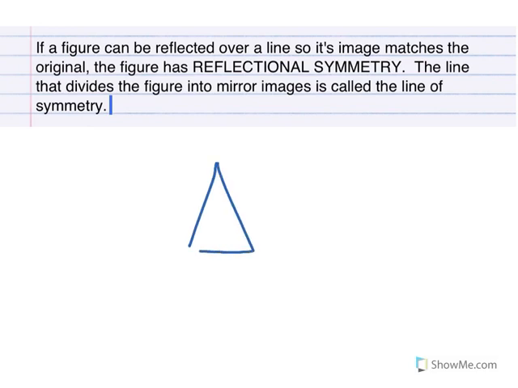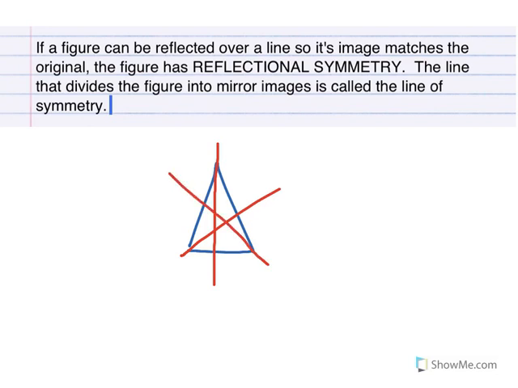Let's say we have a triangle. If this is an equilateral triangle and it's drawn correctly, better than mine, it would have 3 lines of symmetry, because if you flip it over this line, you have a mirror image. Same thing here and here.